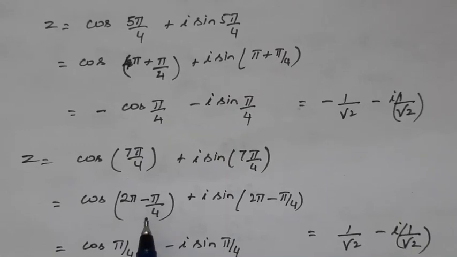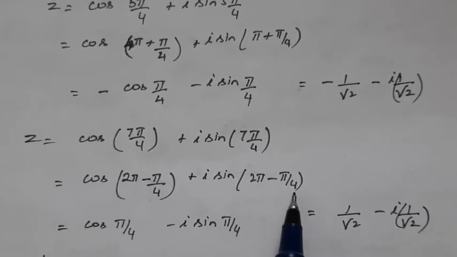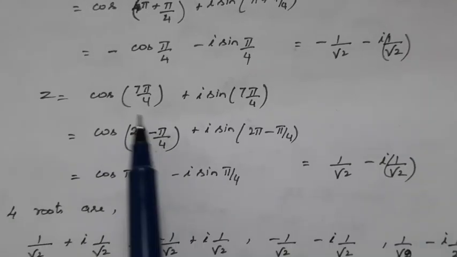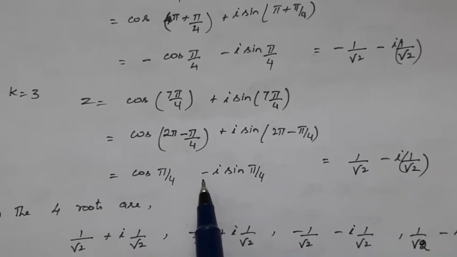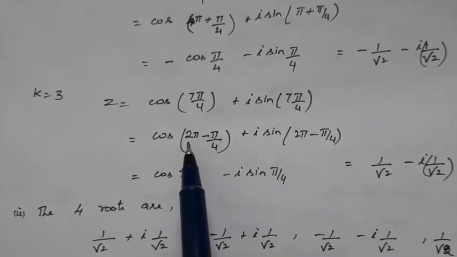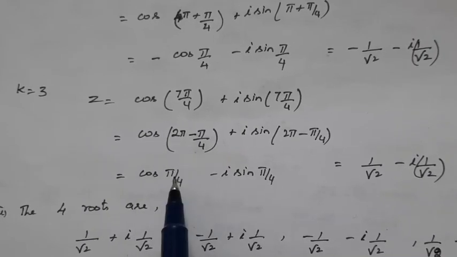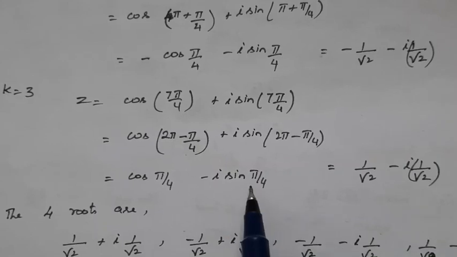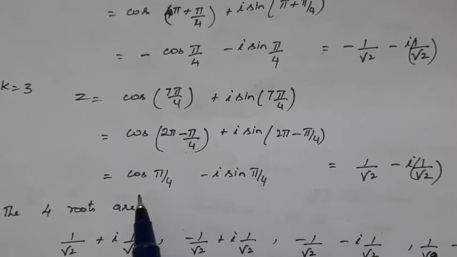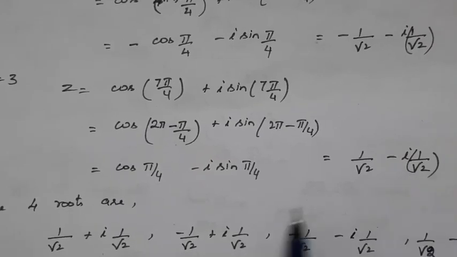So 2 pi minus pi by 4 in both places. 2 pi means after one complete revolution, 2 pi minus pi by 4, the angle lies in the fourth quadrant. In the fourth quadrant, cos is positive and sin is negative. So it will become cos pi by 4 minus I sin pi by 4. Replacing the values, you will get the fourth value as 1 by root 2 minus I into 1 by root 2.